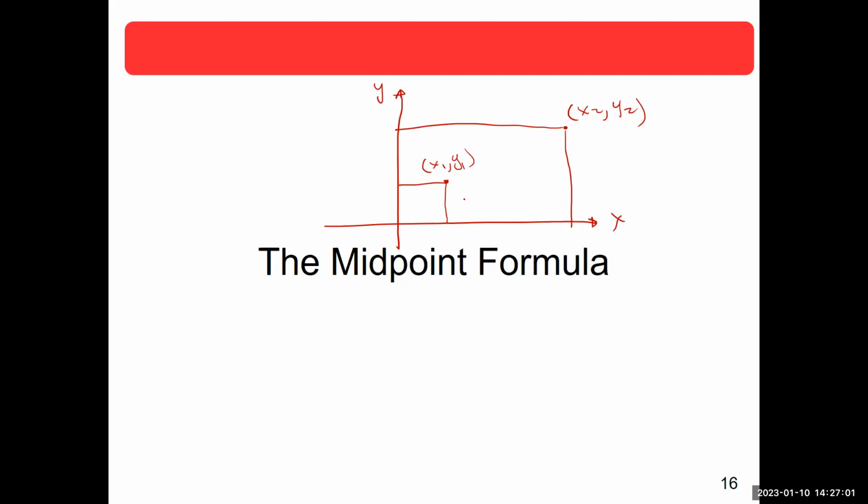Okay, if I connect, so basically this distance again is x1, this distance here, x2, y1, y2.